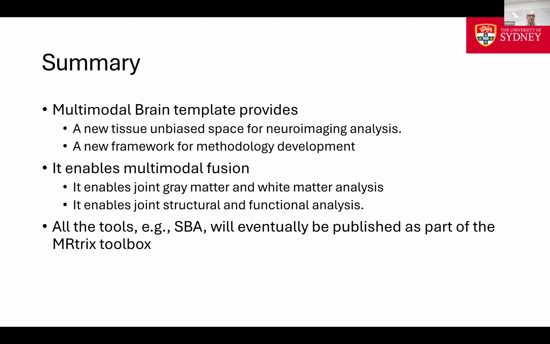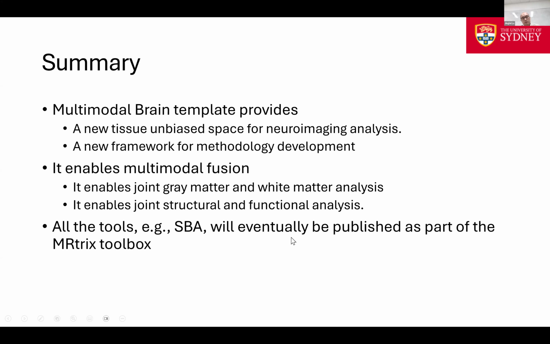So in summary, we have proposed a tissue-unbiased multimodal brain template. The template provided quite a unique tissue-unbiased space for neuroimaging analysis, and it is a new framework for method development. And it also enables multimodal fusion.